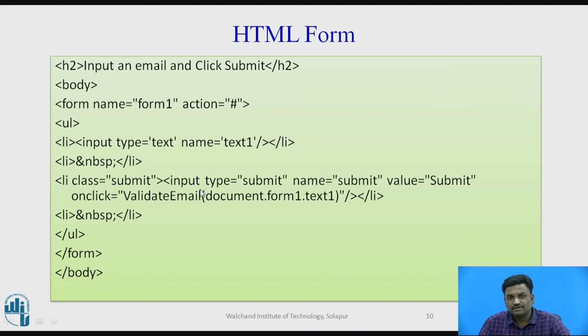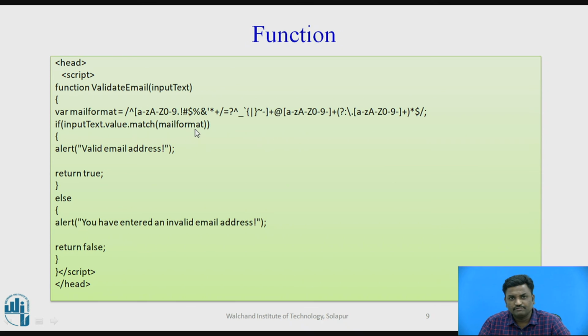Similarly, we have designed one form, and in this form we have a text field and a submit button. So the user is expected to type an email ID, and we will be checking whether it is valid or not. For that, we are calling this particular method validate email ID on click. That method will be called, and here we are checking if the input text is matching that pattern, then we say it is valid. If it is not matching that pattern, we say it is invalid.